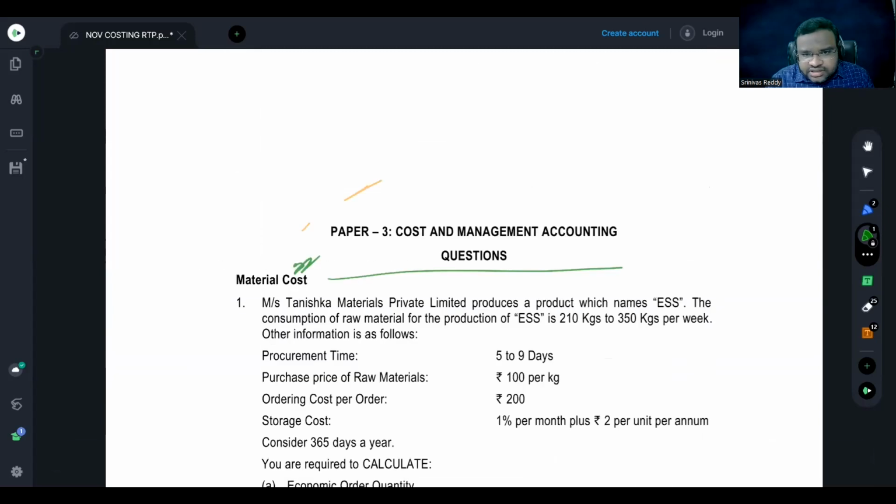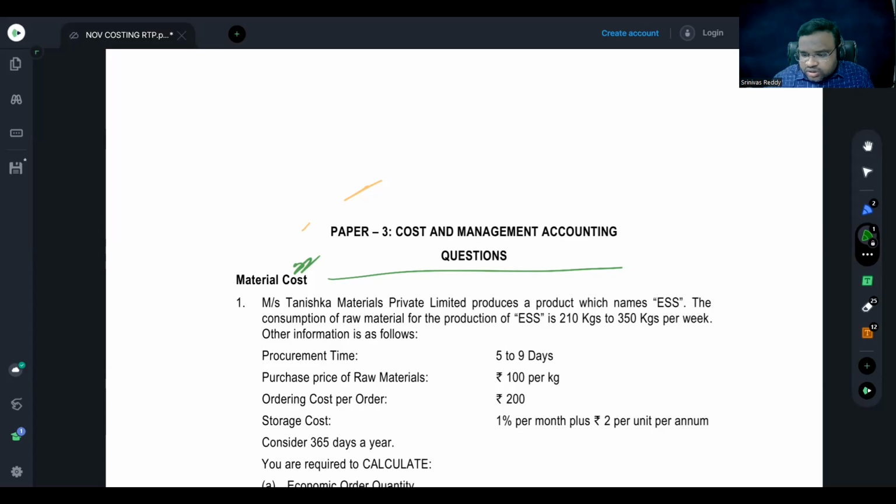And please understand why it is important to do RTPs and mock test papers. Normally when you're doing revision, if you open the material cost chapter, all the questions you know are from the materials cost chapter. But when you're writing an examination, the first question could be from materials, the second question could be from marginal costing, and some other question can be standard costing.